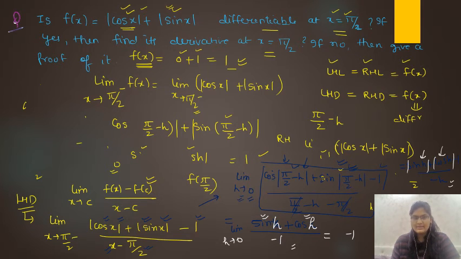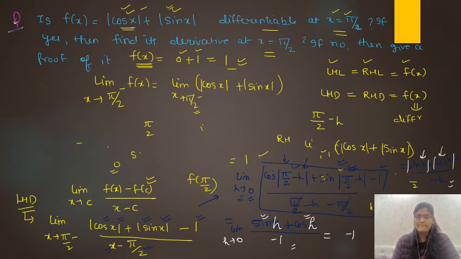So let's take another pen. So here is your right hand limit, right hand derivative. So instead of pi by 2 minus, it will be pi by 2 plus, correct, for the right hand derivative. Then everything will be similar.